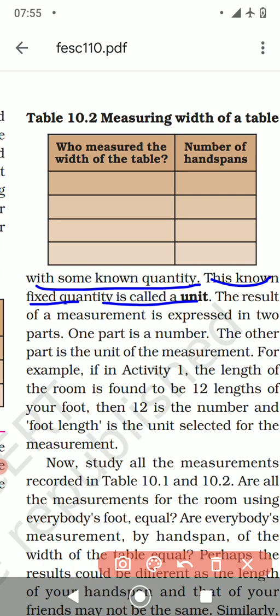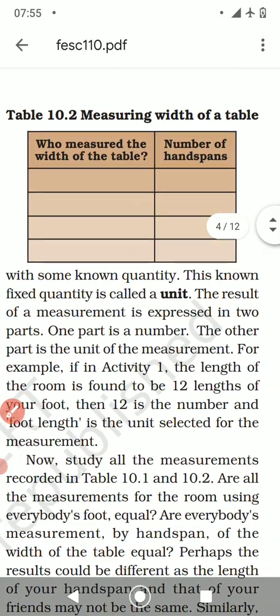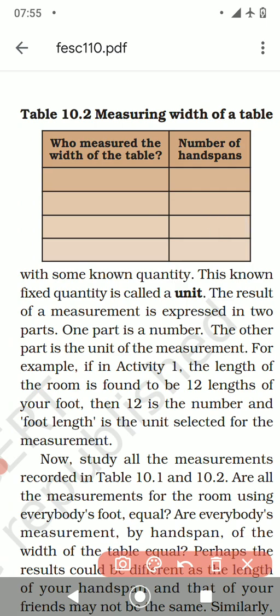The result of measurement is expressed in two parts. This is a very important paragraph, children. What are the two parts? This question always comes: how is the measurement expressed?